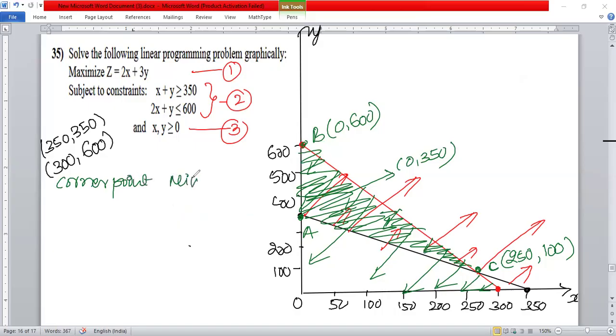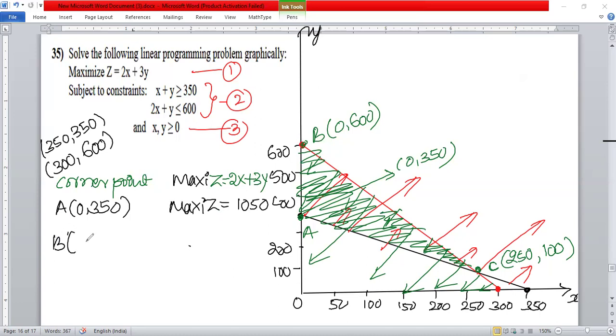So maximize Z is equal to 2x plus 3y. Okay. So A corner point 0, 350. So maximize Z is equal to 3 into 350, 1050.